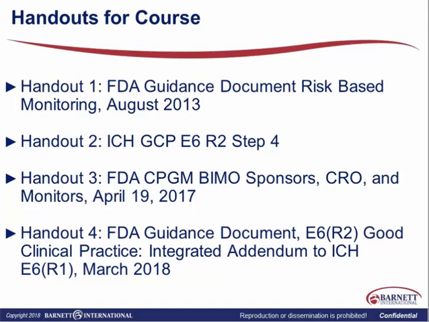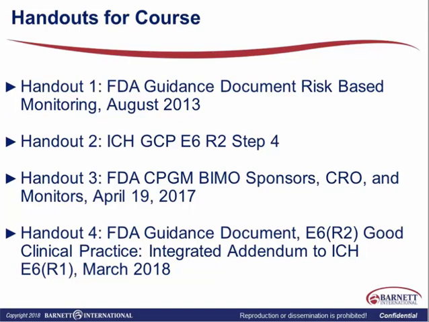And the reason why I've included this document is to be able to look at what the FDA will be looking for if you have an inspection. So at the end of the presentation, before we are completed, I will review the BIMO and then also what the FDA would be looking for if they would do an inspection for the monitoring of a clinical trial.